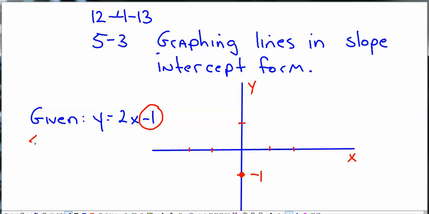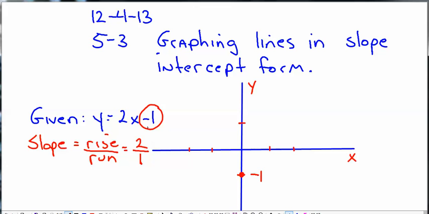Now, since slope is the same as rise over run, and the slope is equal to 2, that's the same as 2 over 1. So you're going to rise how many? 2. You're going to rise 2 and you're going to run 1. Good.